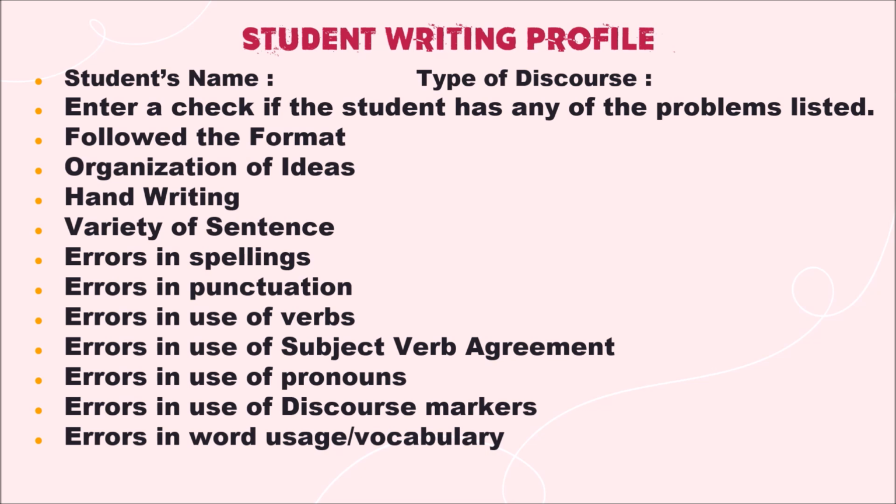And here you have to be very careful whether there are any errors in spellings or punctuation, the use of the verbs, subject verb agreement, and sometimes use of pronouns, and especially use of discourse markers. And we will check the errors in word usage or vocabulary. So you have to keep a checklist, and you have to slowly reduce all these errors.